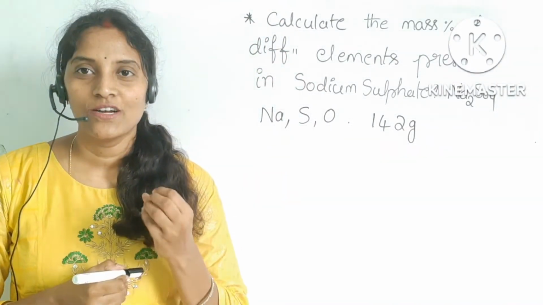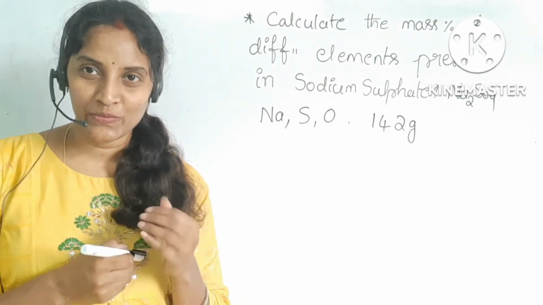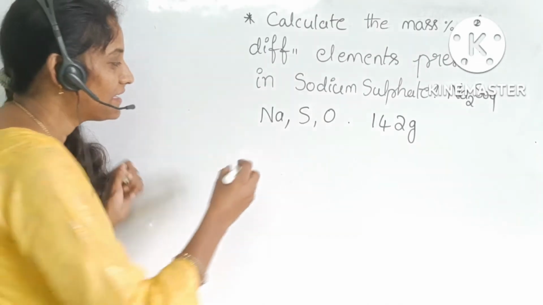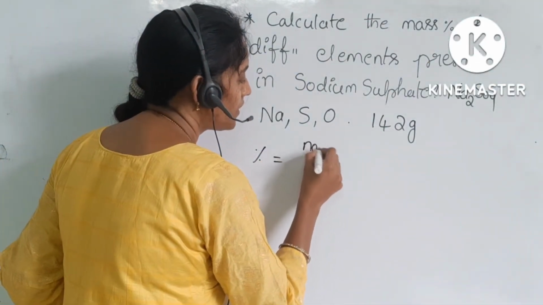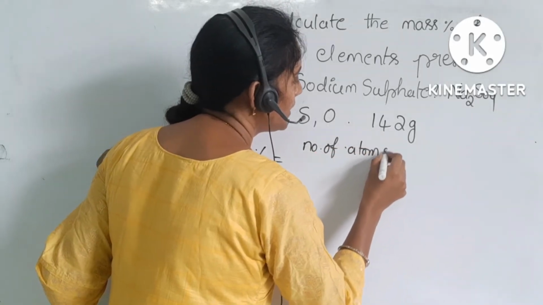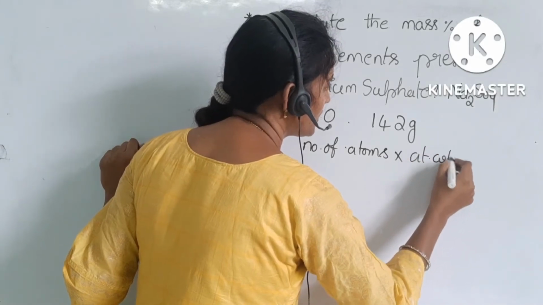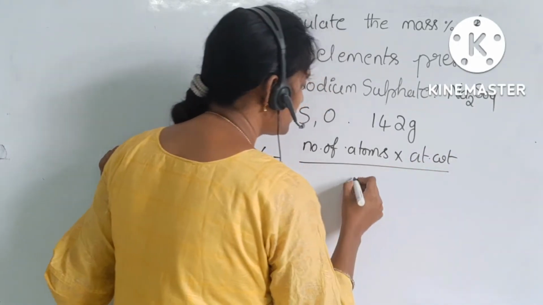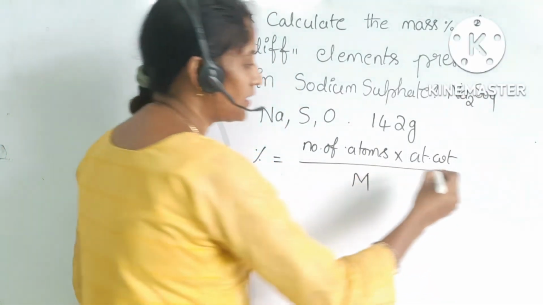Then, what is the formula to calculate mass percentage of any element present in a compound? That is, number of atoms into atomic weight of that element upon molar mass of the given compound into 100.